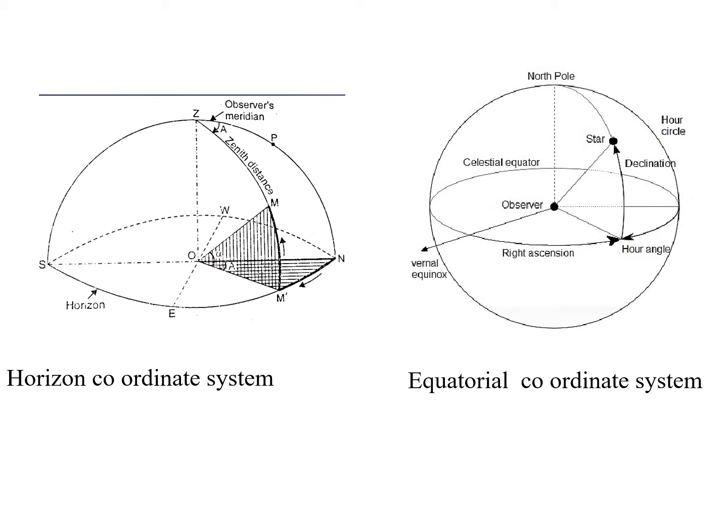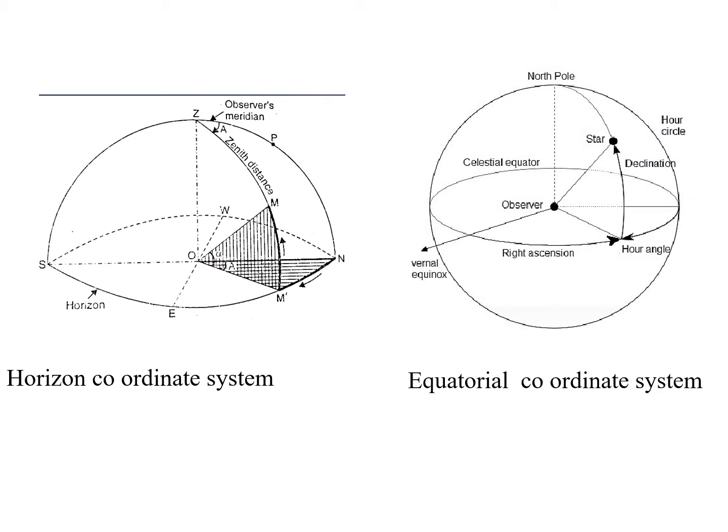In the vertical plane, there will be the star position. This angular distance we call the altitude. As you know, the horizon plane and this plane are 90 degrees. Therefore, the angle made by the horizontal plane and this plane is 90 degrees.